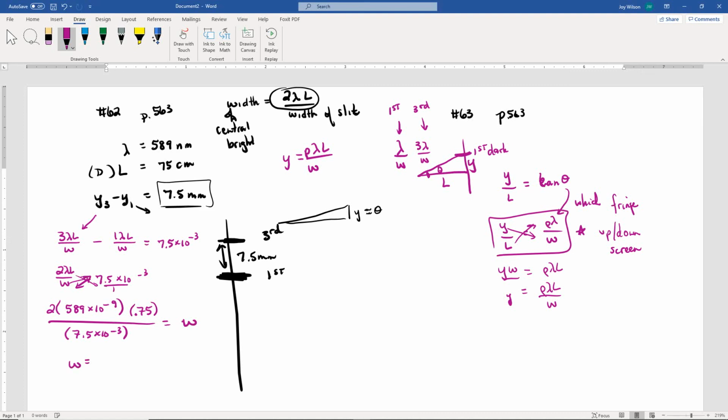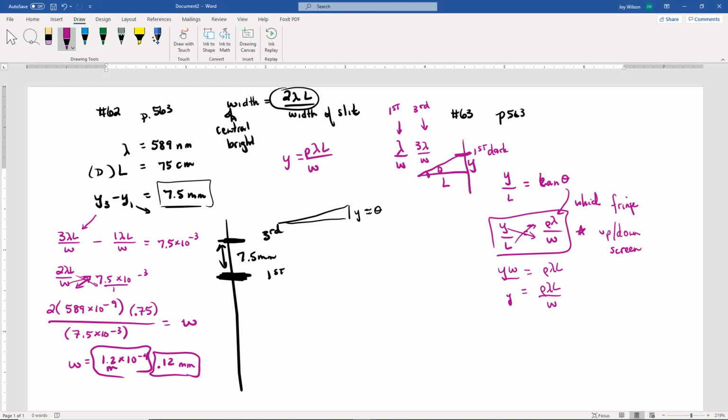So the width is 2 times 589e-9 times 0.75 divided by 7.5e-3. And that gives me 1.2 times 10 to the negative fourth, so 0.12 millimeters, or 1.2 times 10 to the negative fourth meters.